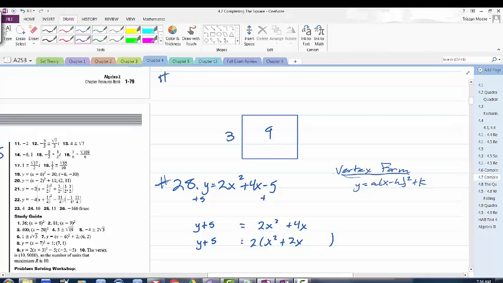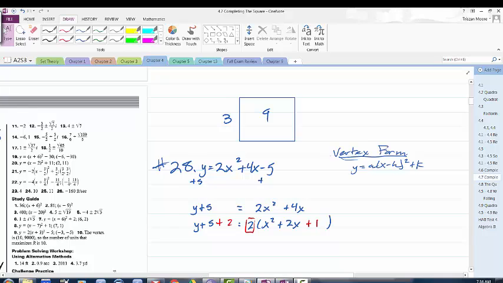If I do that, now it comes down to what am I adding to complete the square right here. Take half of that, divide that by 2 and square it. This has to be a plus 1. And that means I have to add, since it's a 1 times 2, I have to add 2 over here, in order to complete that square.